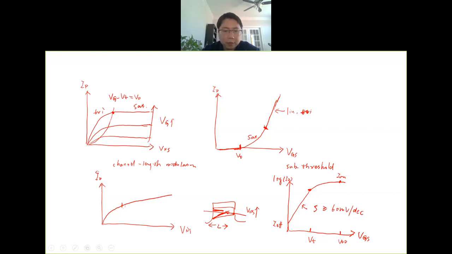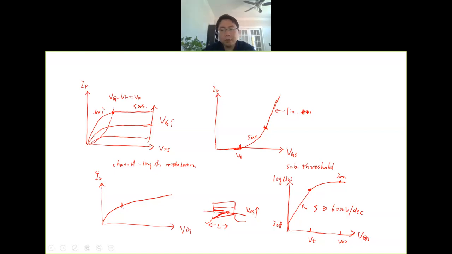It no longer saturates if you consider the channel length modulation effect. This is because this is like the MOSFET, this channel. You have this pinch-off point where you reach the saturation. But further, if you increase the VDS, this pinch point is going to shift to the left. So effectively, the channel length is reduced.